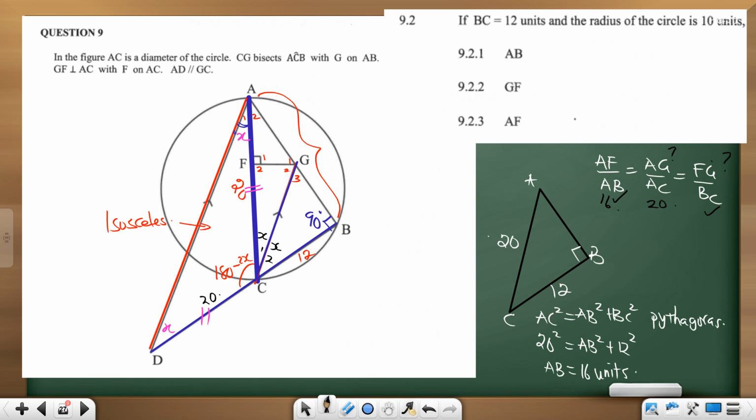Somebody says, isn't AG 8? Mary, what would be your reason? I want us to have reasons for saying something is 8. I need us to be careful about making assumptions. What would be your reason for saying it's half?